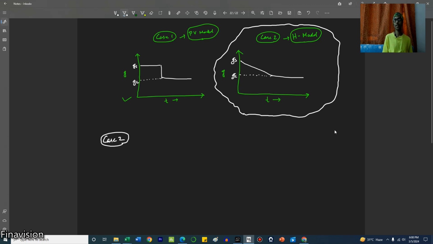Initial rate was, let's say, 15%. This rate declined smoothly over a certain period to, let's say, GL. Let's say over a period of 15 years or 20 years, it declined to GL, and GL is 8%.